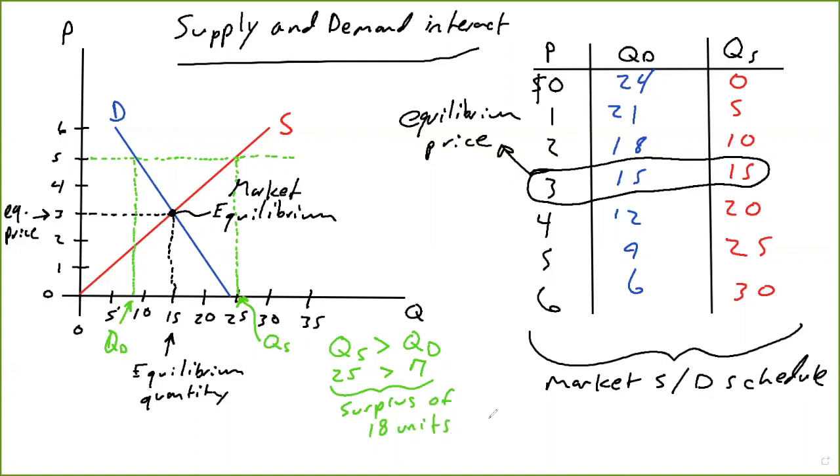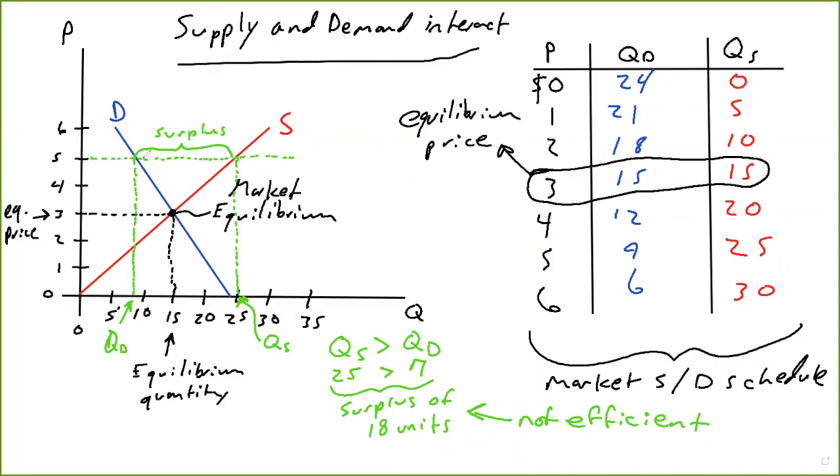And this is less than ideal because that means we have 18 units that were supplied but nobody wants and are just sitting idle in our market. So this outcome is not very efficient. Graphically, our surplus is represented by this distance here between the demand and supply curve at the $5 level.